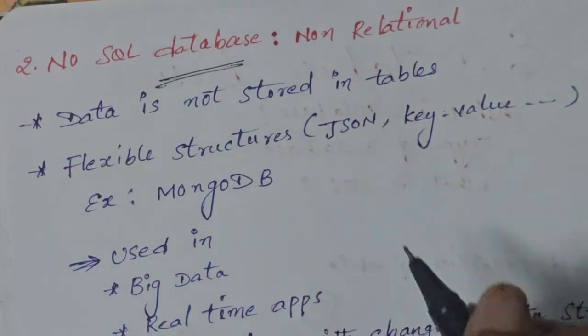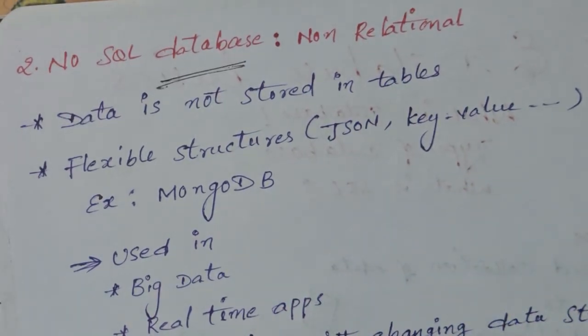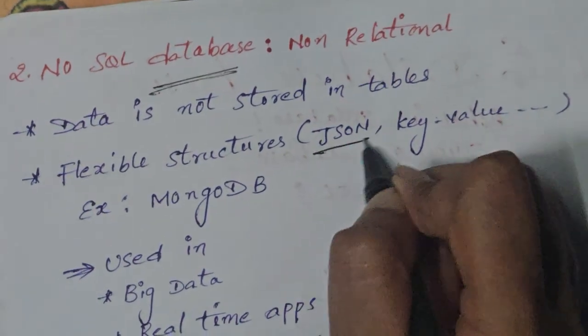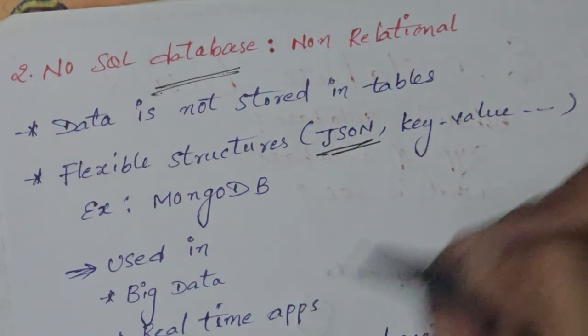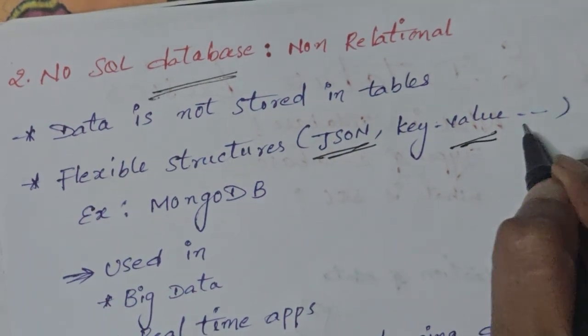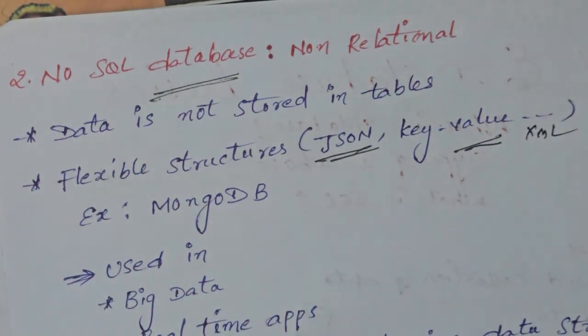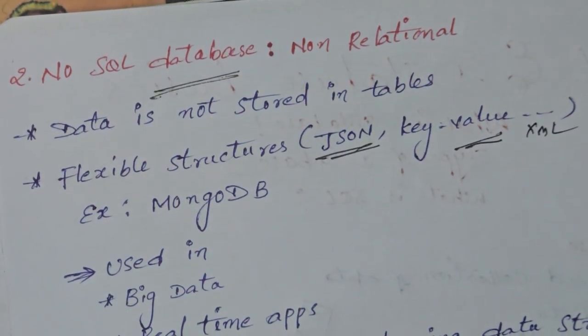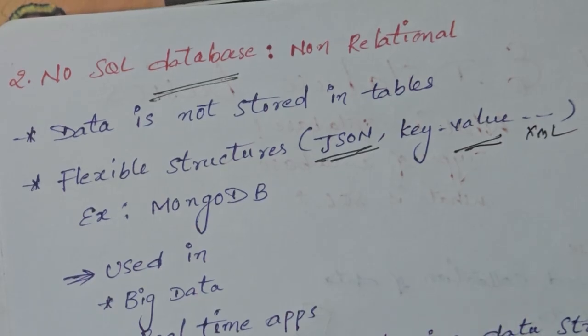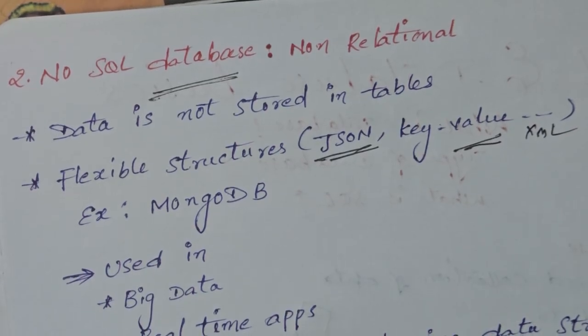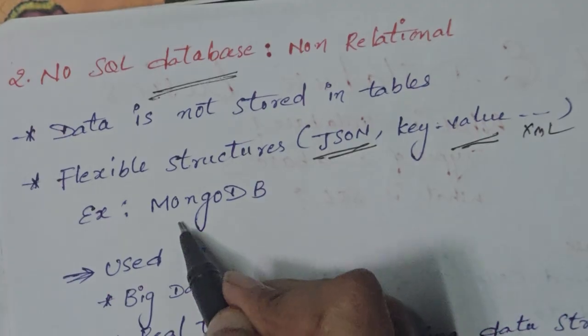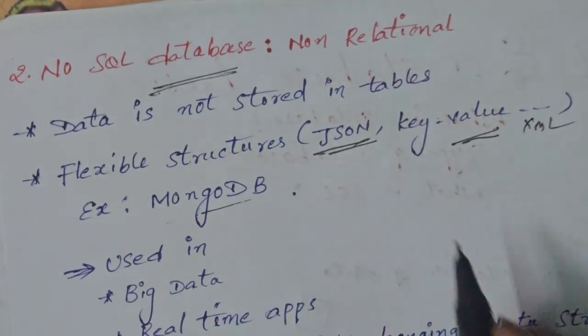It can be stored in some flexible structure, whether it is JSON format, key-value pairs, or even XML or anything. This type of data we can store using NoSQL databases. For example, we have MongoDB as such an example.